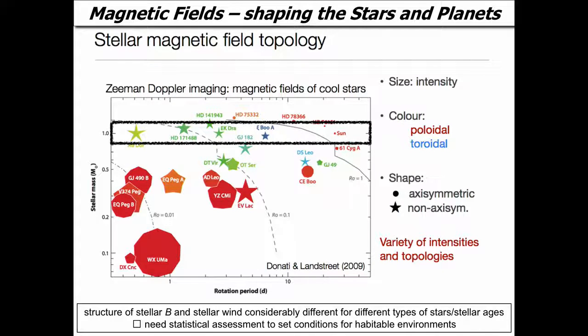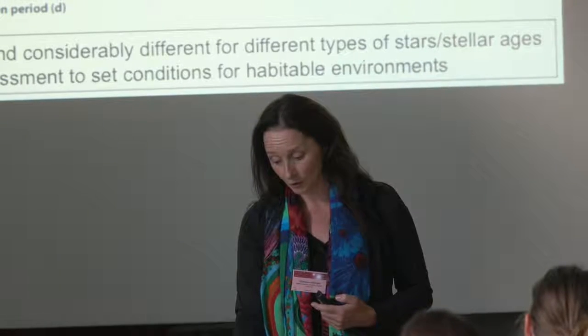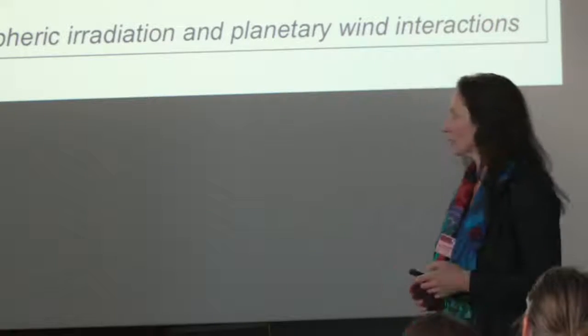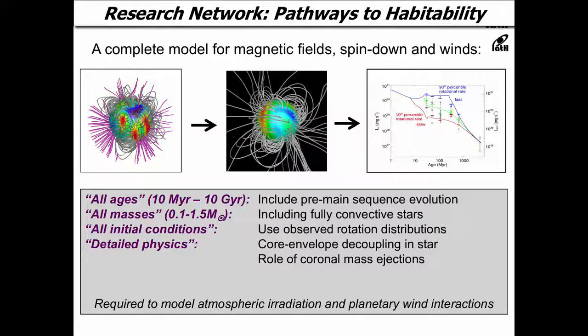The fields are getting weaker and weaker, and we see quite a nice evolution and quite a nice picture together with stellar mass and rotational period. So we can get a statistical clue on how stars are behaving in terms of magnetic fields. There are always exceptions, of course. I won't go into those now, but we have quite a good idea already how magnetic fields possibly evolve together with age and with stellar mass.